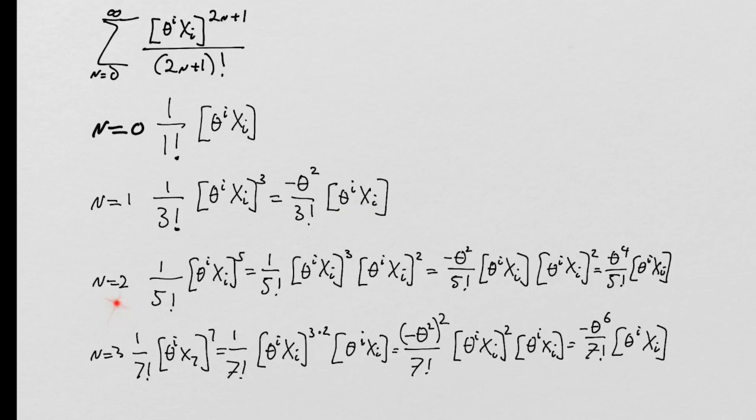The n equals 2 term gives us the fifth order term of the expansion, which is the third odd term. And I take that fifth power, I break it into a third power and a second power. The third power gets replaced using our formula with the same minus theta squared theta I xi, but I have this square term left over.